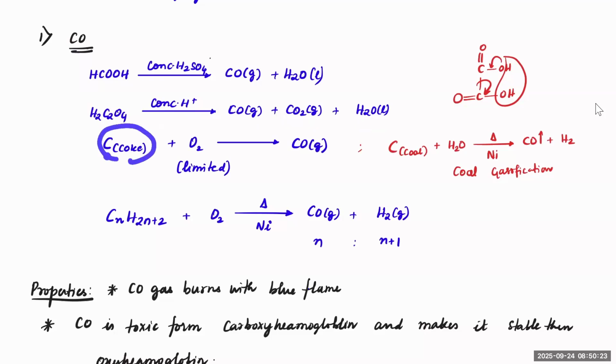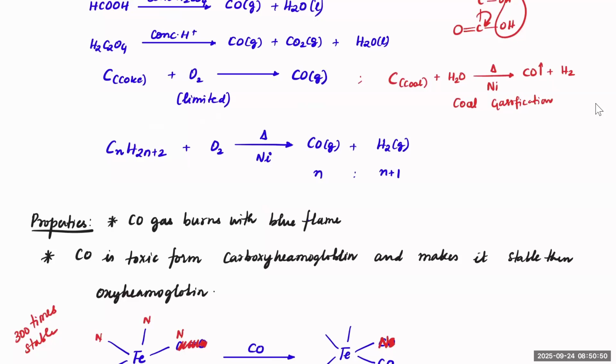Next, coke, when you react it with O2 in a limited amount, becomes carbon monoxide. Next, coal with water in the presence of nickel and heat converts into carbon monoxide and H2 gas. This is called coal gasification. This is how you make carbon monoxide in general.